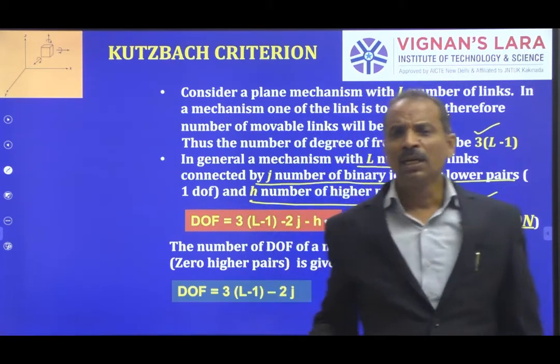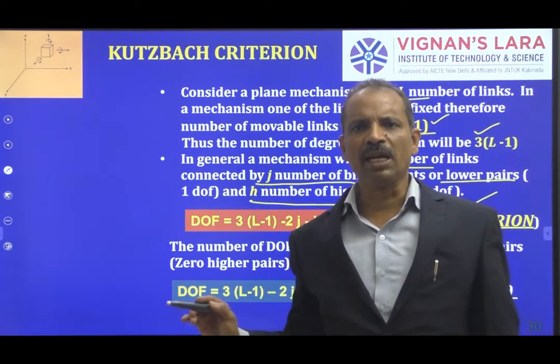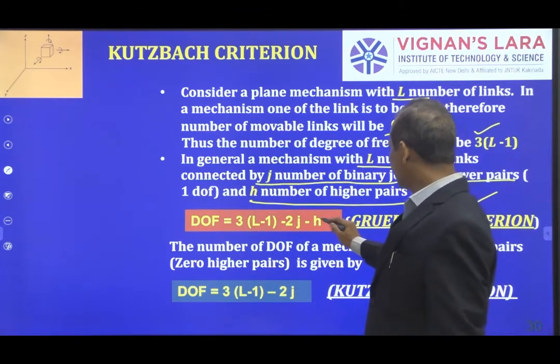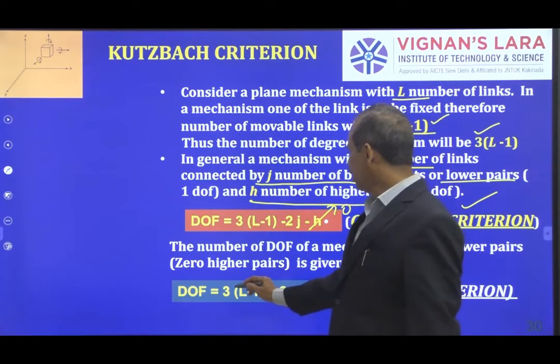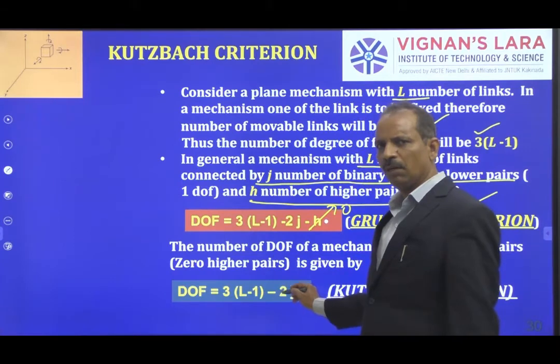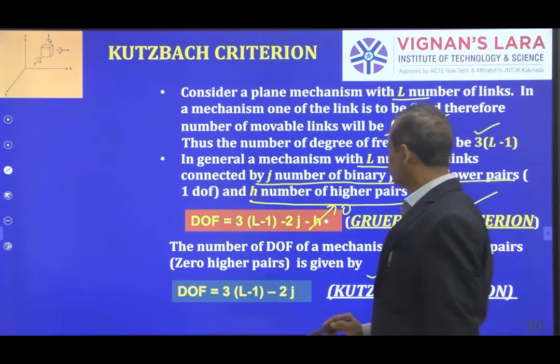In case there are no higher pairs in the mechanism, that means h is 0. Then if I write the h value as 0, the degrees of freedom simply becomes 3 into L minus 1 minus 2j. This is called Kutzbach's criterion.